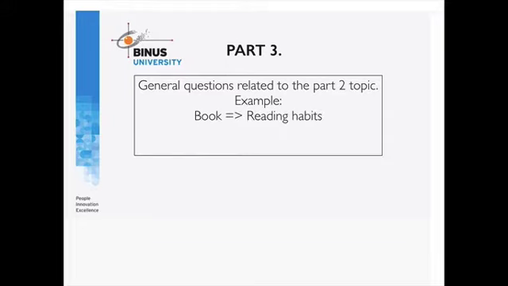So if you were talking about a book, then you might be discussing reading habits. If you're talking about movies, then part 3 would probably talk about entertainment, the effect of entertainment, the advantages and disadvantages of being a celebrity, things like that.